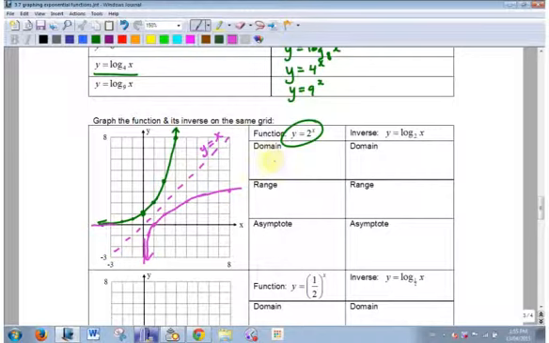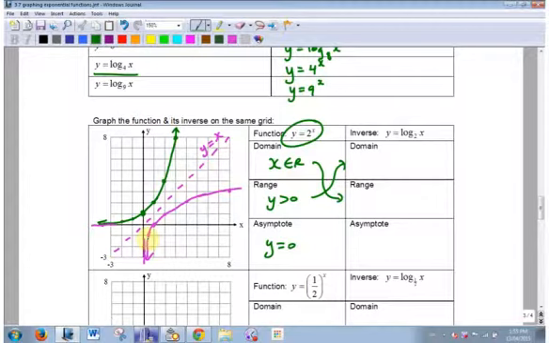Okay, so again, of the original function, domain, all real, range greater than 0, that's the asymptote. That looks a little different for the inverse. Right? And if you remember, they kind of swapped places, didn't they?